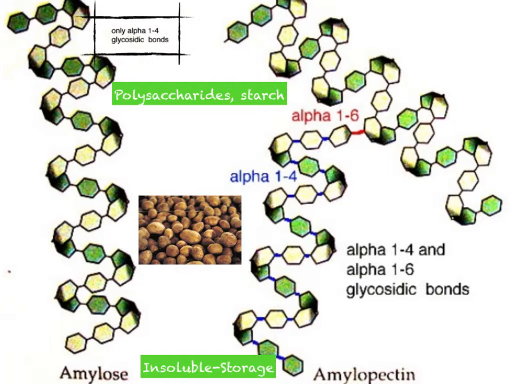However, if it is attached at carbon 6, then it causes another branch, and then it goes back to alpha 1-4, and again at a certain stage after 20 units of alpha glucose, it will be attached at carbon 6, alpha 1-6, and again and again. So you will have branched amylopectin. So starch is either helical amylose or branched amylopectin.